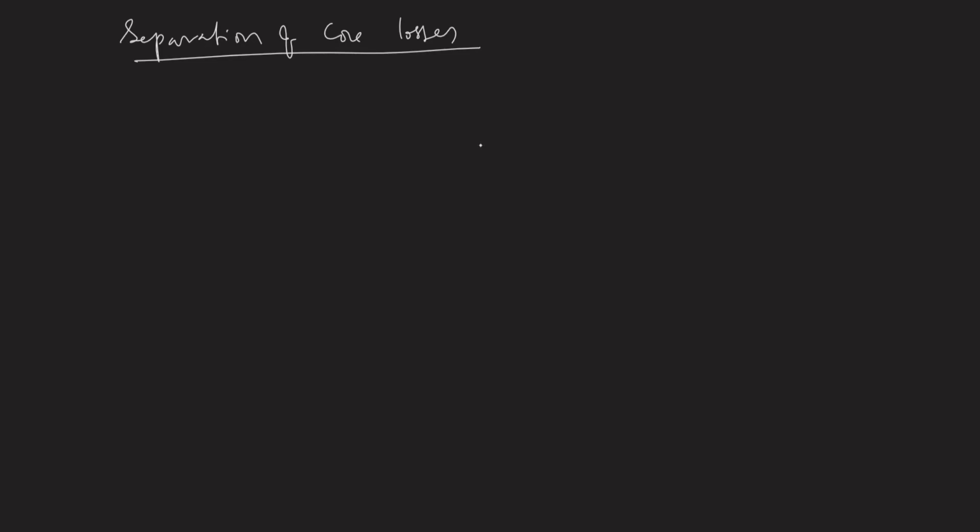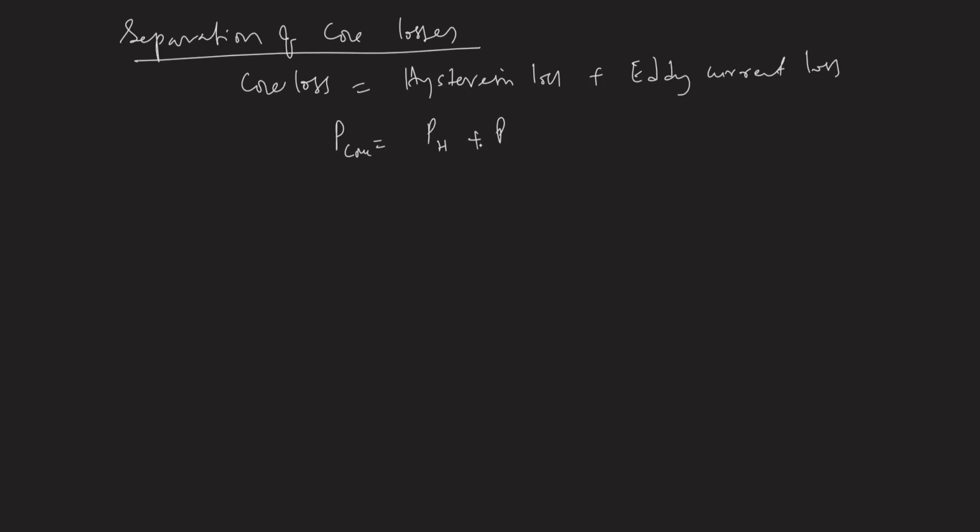So we know the core losses are equal to the sum of hysteresis losses plus eddy current losses. Let me say P_C, not P copper losses, P core losses is equal to P_H plus P_E.